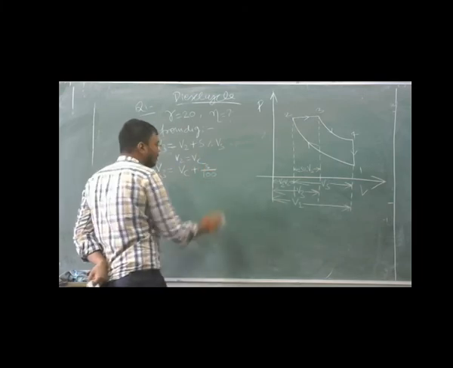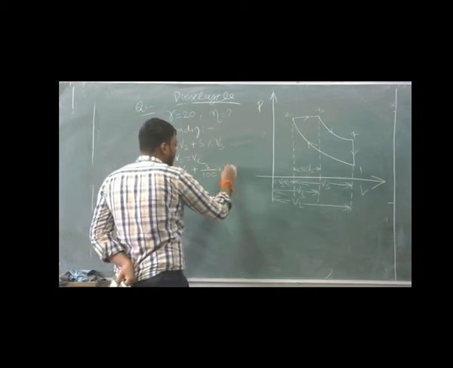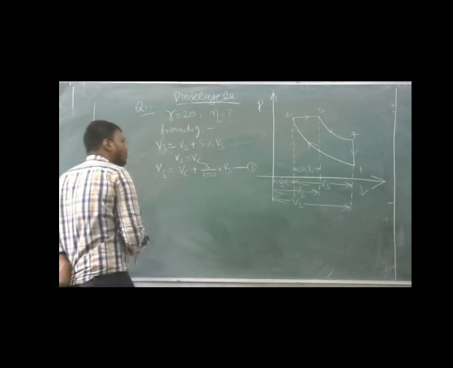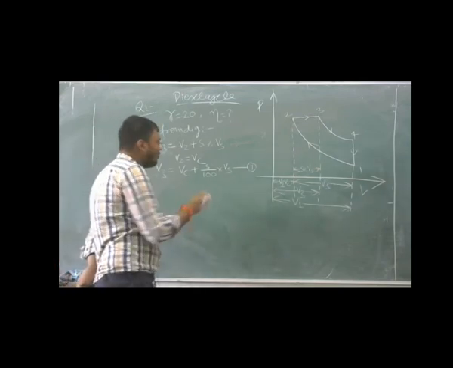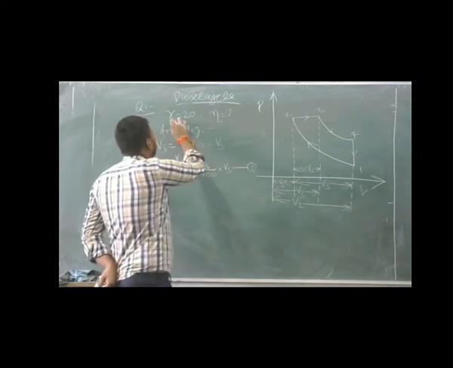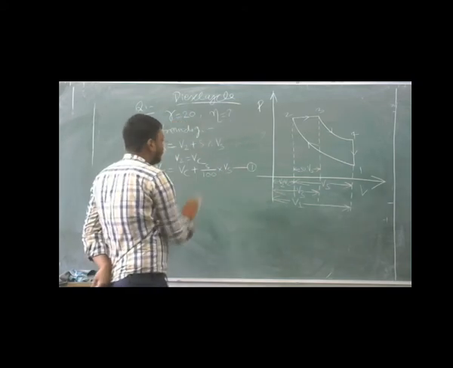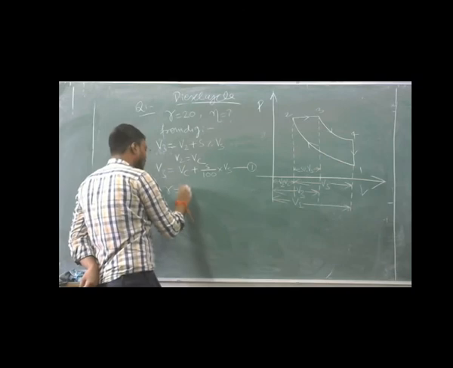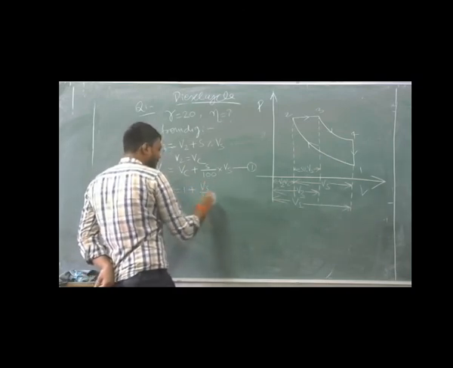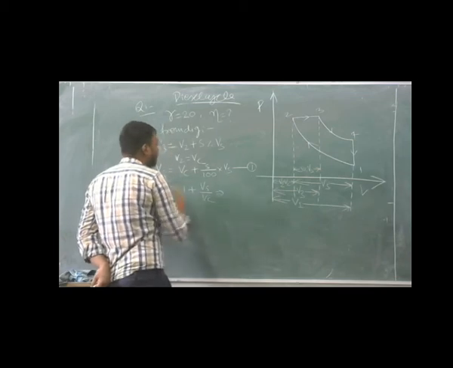5 by 100 into Vs. Let us assume this is equation number 1. Now we have to put the value of Vs in terms of Vc, which we will get from the equation of compression ratio. We know that compression ratio R is equal to 1 plus Vs by Vc. Put the value of R here, you will get R is equal to 20.